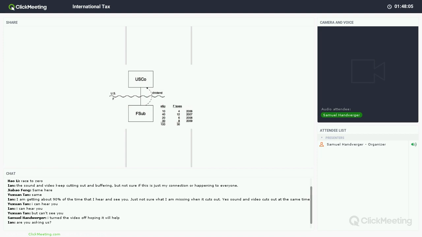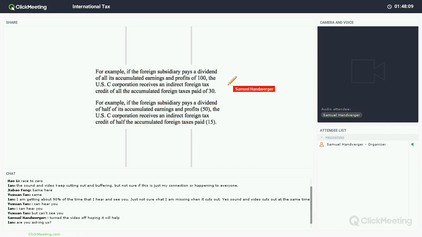Again, the tax was paid at this level, the foreign corporation level, and not on the dividend, but it'll get credit for it as if it paid it. So first example, if the foreign subsidiary pays a dividend, all of its accumulated earnings and profits of the 100, the U.S. corporation will get this indirect tax credit. That's if all the profits are paid.